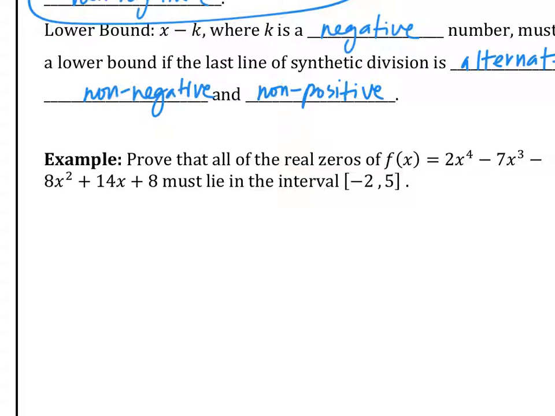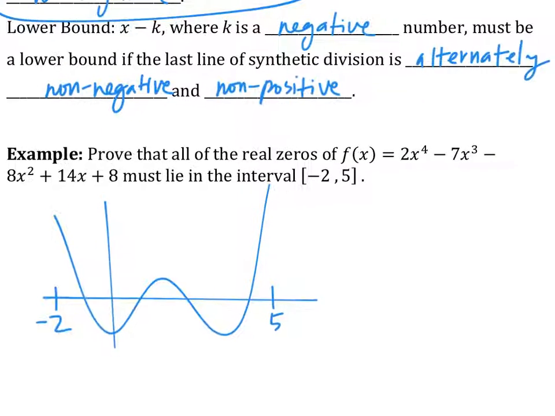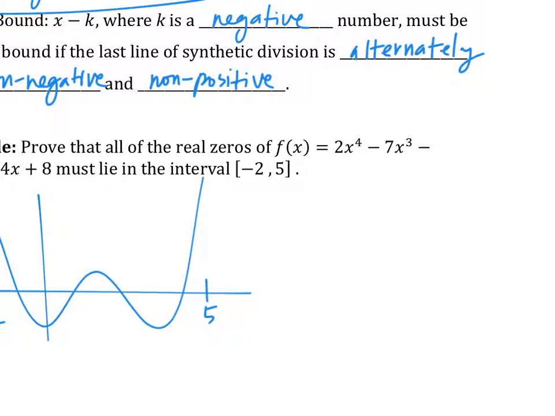It's a 4th degree, maybe like this. It has to be stuck between -2 and 5. That's what they're saying. We have to prove that it's true. So let's check the upper bound first. The upper bound in this case, they said, is 5. So we're going to check 5.